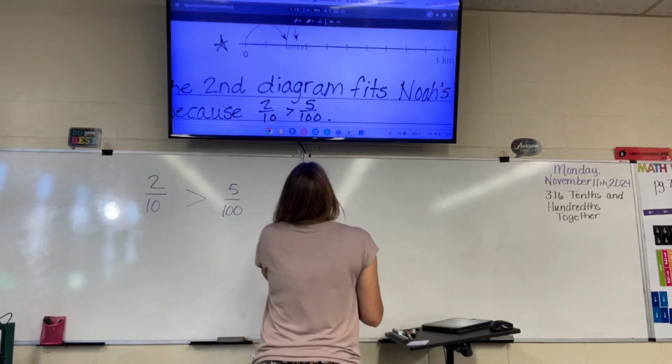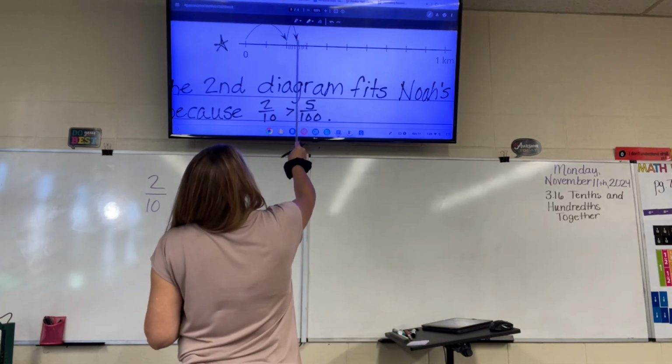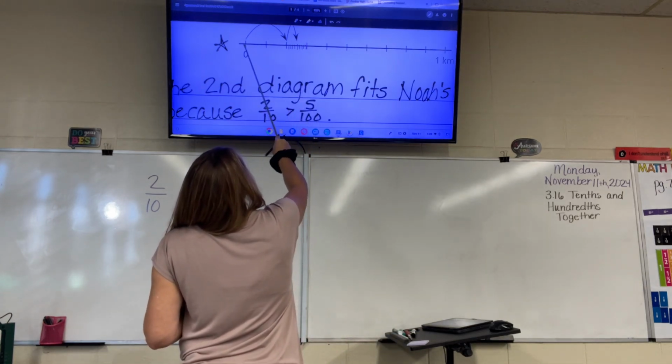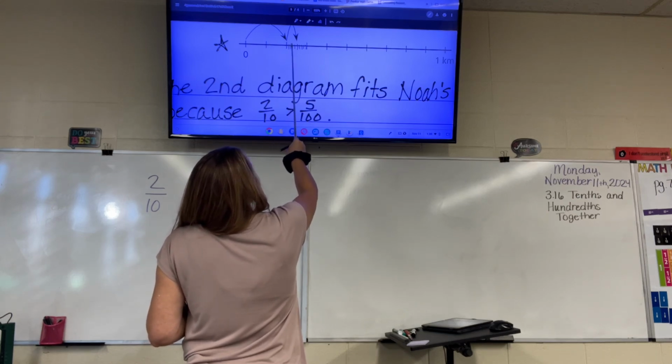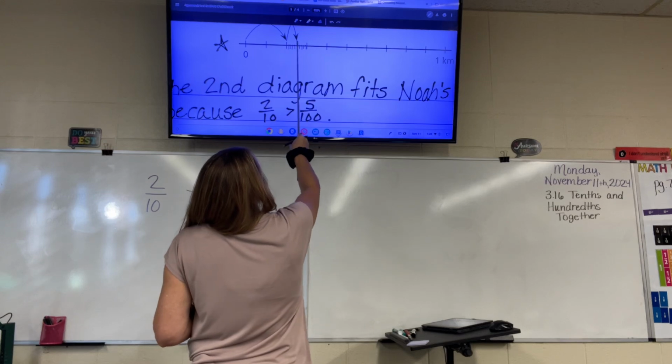So it's kind of like those are the little hundredths in between. So he jumped 1/10, 2/10, and then 1/100, 2/100, 3/100, 4/100, 5/100.